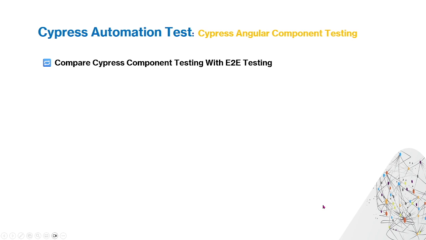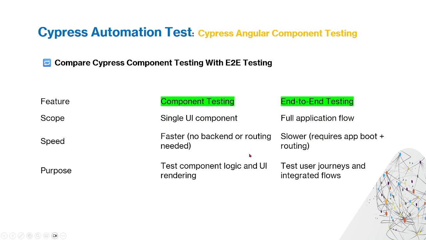Compare Cypress Components Testing with E2E testing. Components testing: its scope is a single UI component. End-to-end testing: a full application flow. Speed: component tests are faster because no backend or routing is needed.